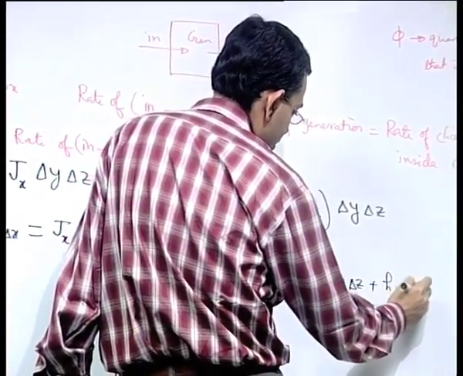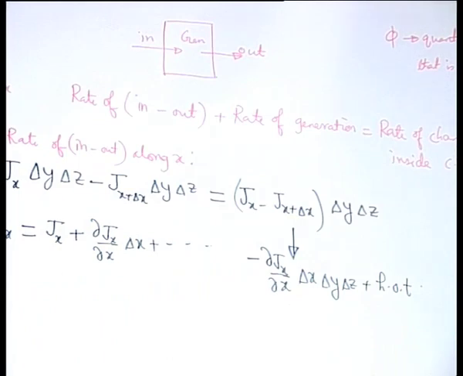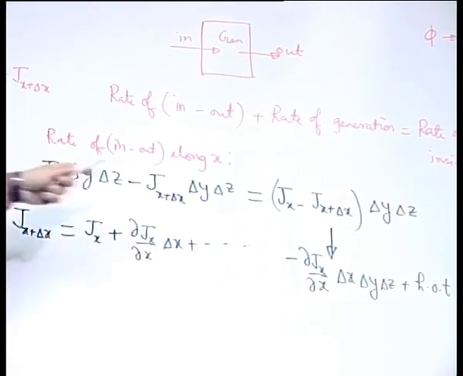Plus higher order terms, which will involve delta x squared, delta x cube, like that. So this is rate of in minus out along x.